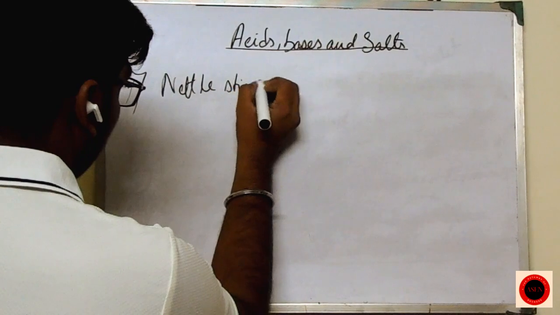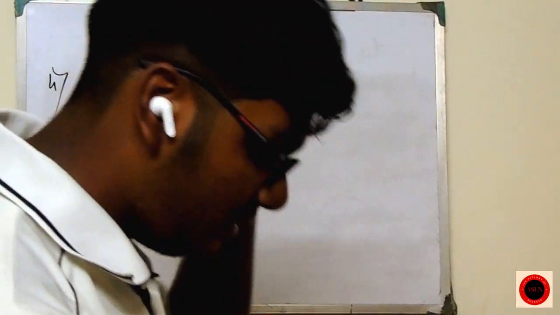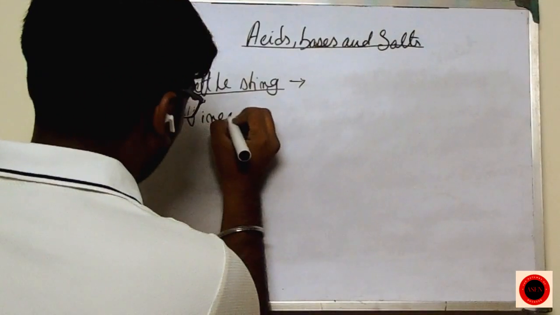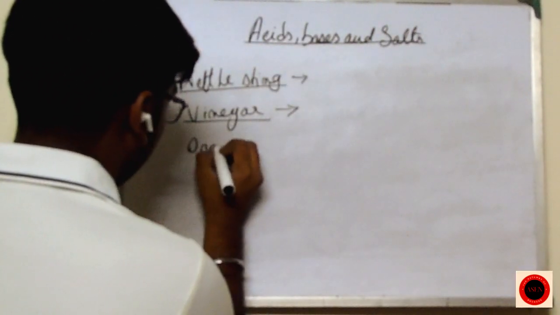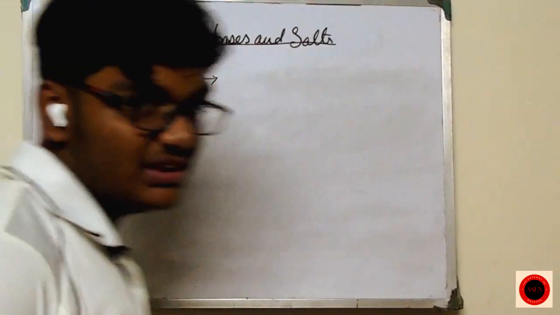Nettle sting, vinegar, orange. Let me see how many are there in your NCERT book. These all contain acid.